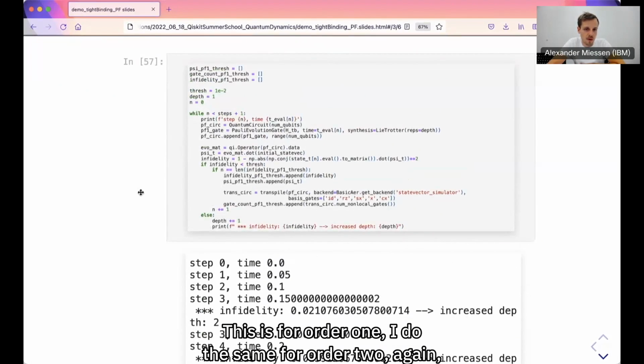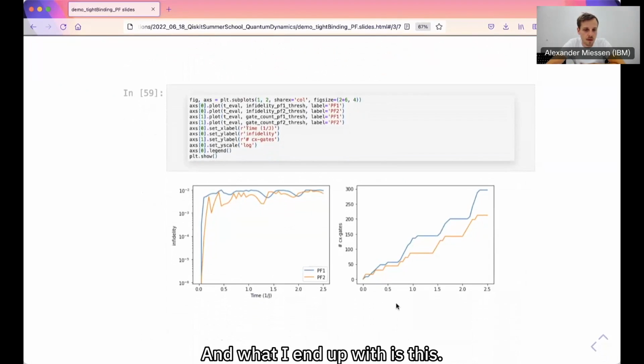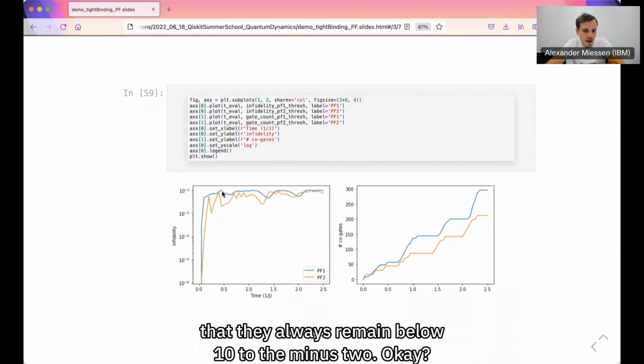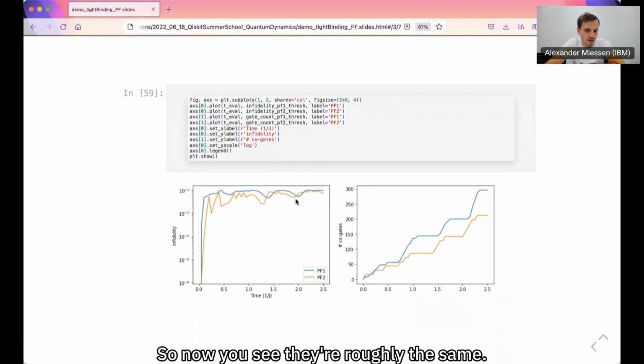This is for order 1. I do the same for order 2. Again, compute the infidelities and the gate counts. And what I end up with is this. Here I show the infidelity of order 1 and order 2 product formulas, simulating this tight binding Hamiltonian, requiring that they always remain below 10 to the minus 2. So now you see they're roughly the same.